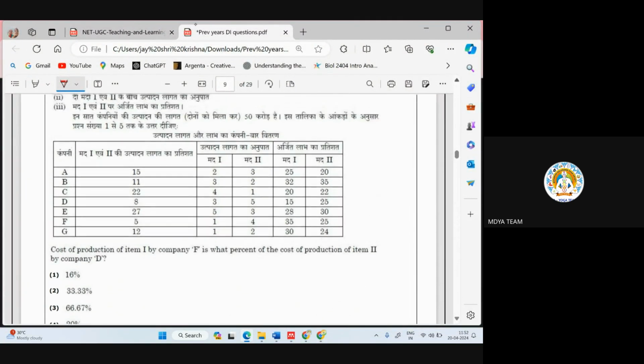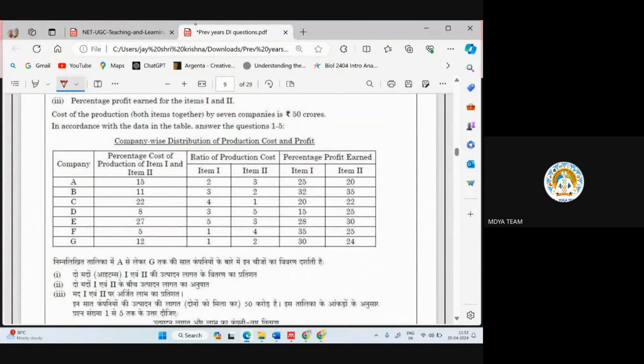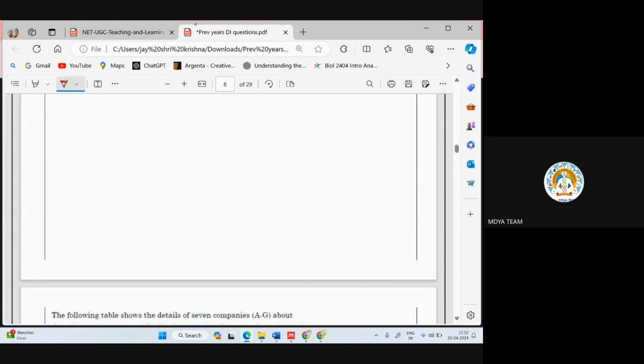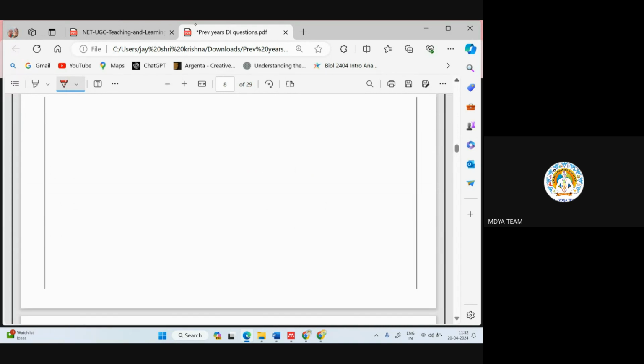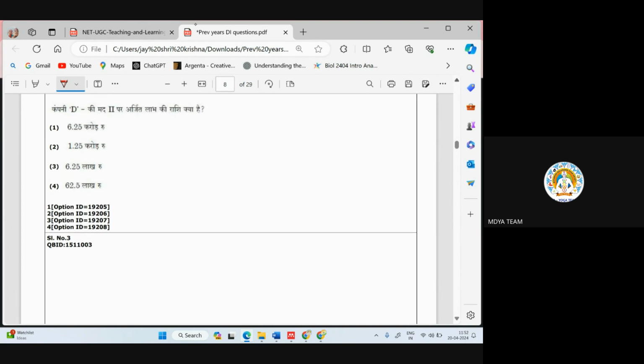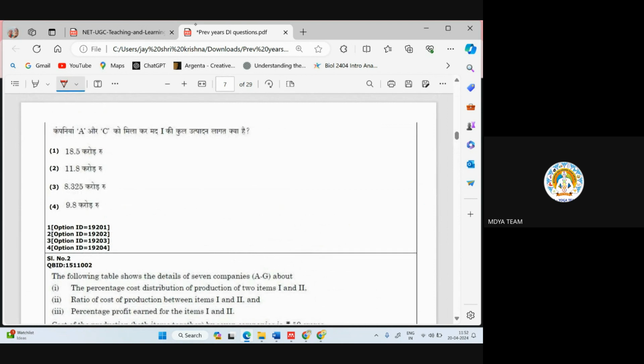Okay, I am now unable to find that PDF. I will share that PDF with you. Let's solve this question only. Actually, I think that question was not from yoga, but from some other courses like commerce. That was the most difficult question I have ever seen. Okay, now let's solve this question till then.